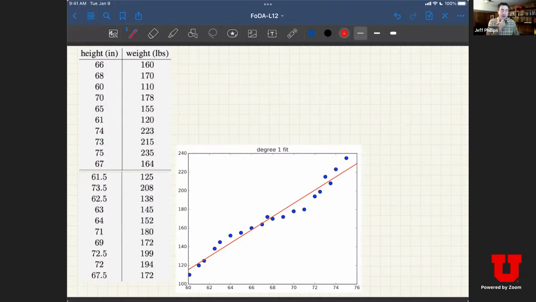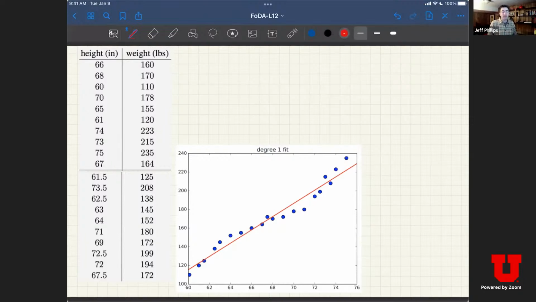I'm going back to the height and the weight here, but what I'm doing instead is, the top part of the data on the left is exactly the data we used on Tuesday, and then I've added some additional data below that, because to fit a more complicated model, I'm going to want more data points for it to make sense.